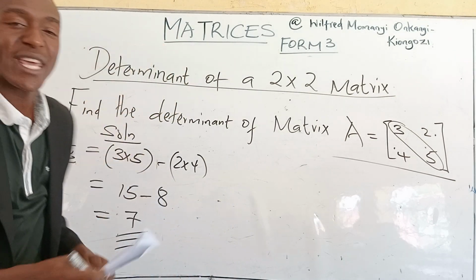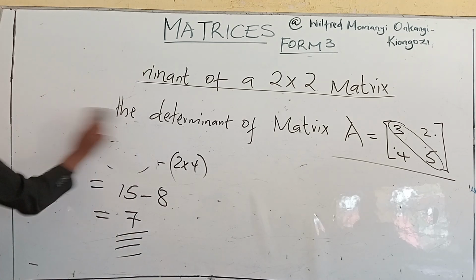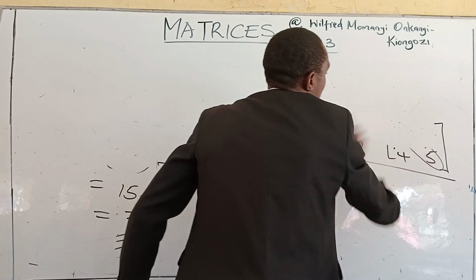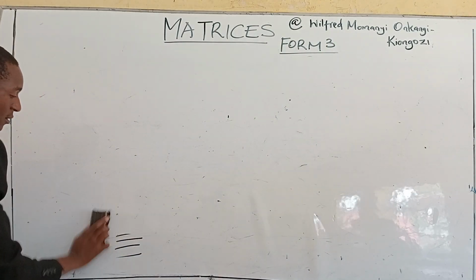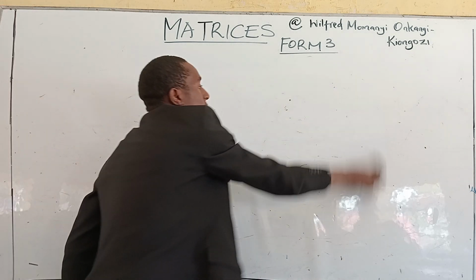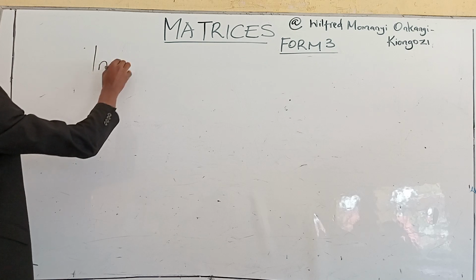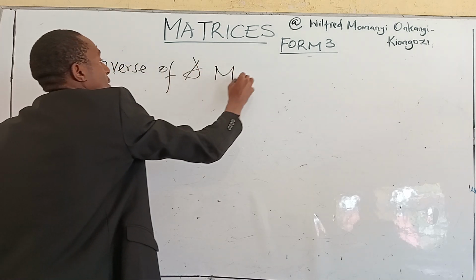So from there we go to something else. After determinant, we go to inverse of a matrix.